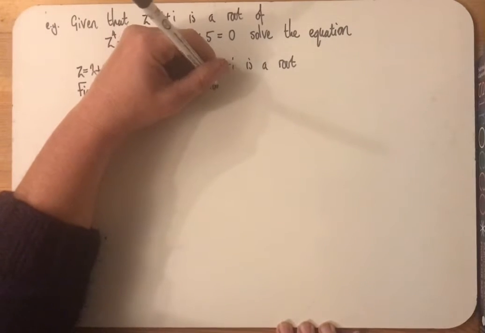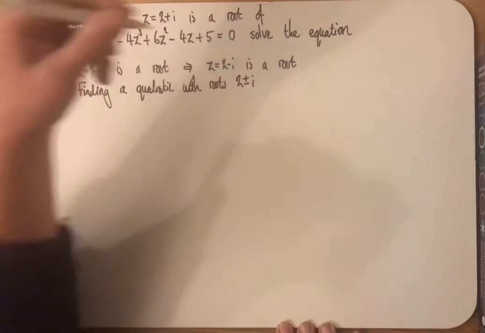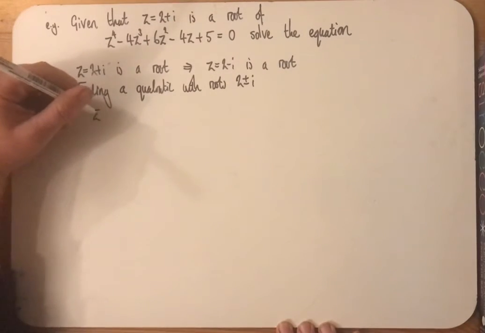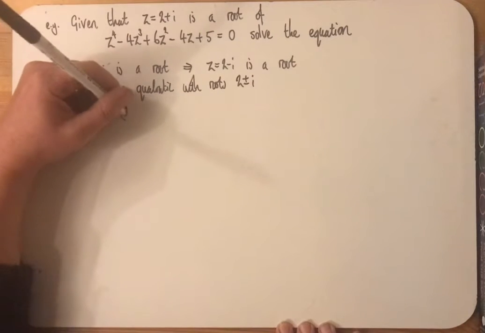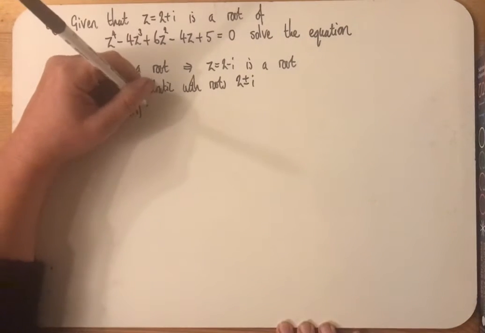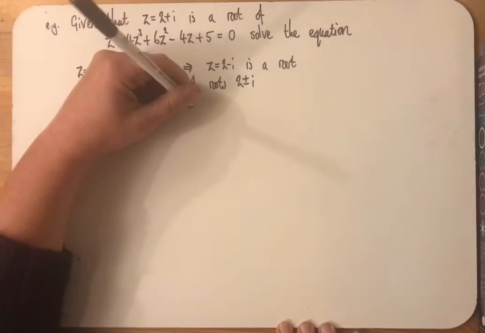So finding a quadratic with roots 2 plus or minus i. We know that the sum of alpha will be 2 plus i plus 2 minus i, which is 4.